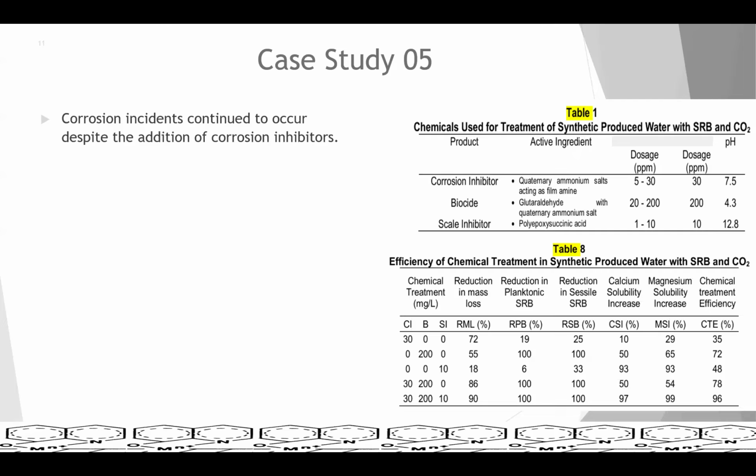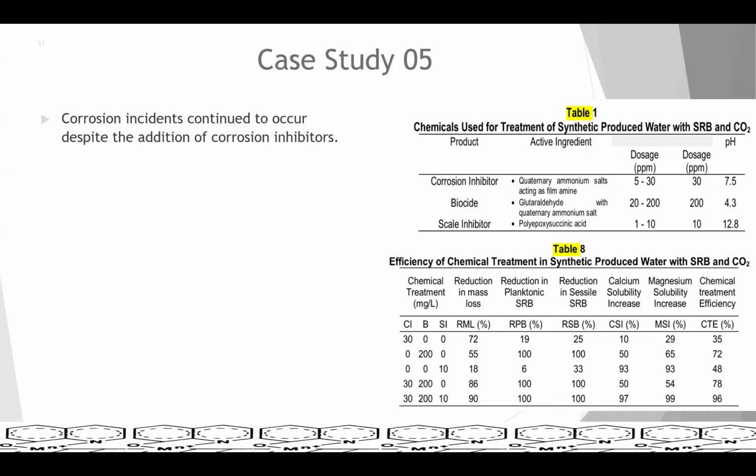So this work was done by Antonio Turis, and he systematically carried out a test. First, he picked the corrosion inhibitor at 30 ppm, the recommended concentration. No biocide, no scale inhibitor. He found that the corrosion rate decreased by 72%.